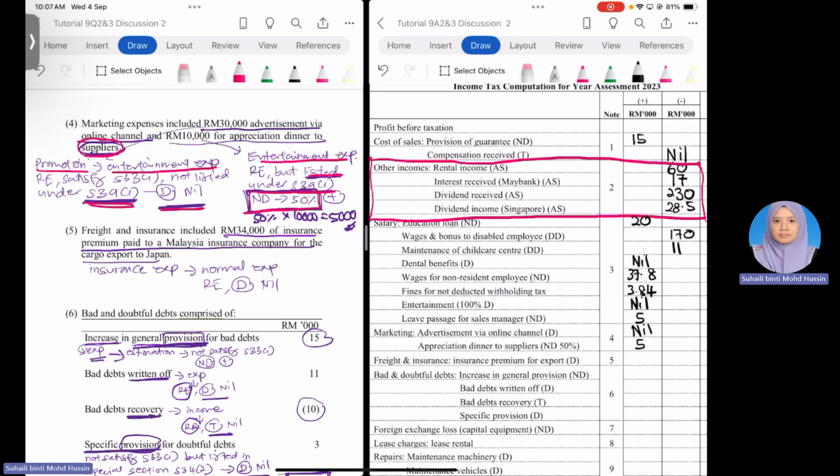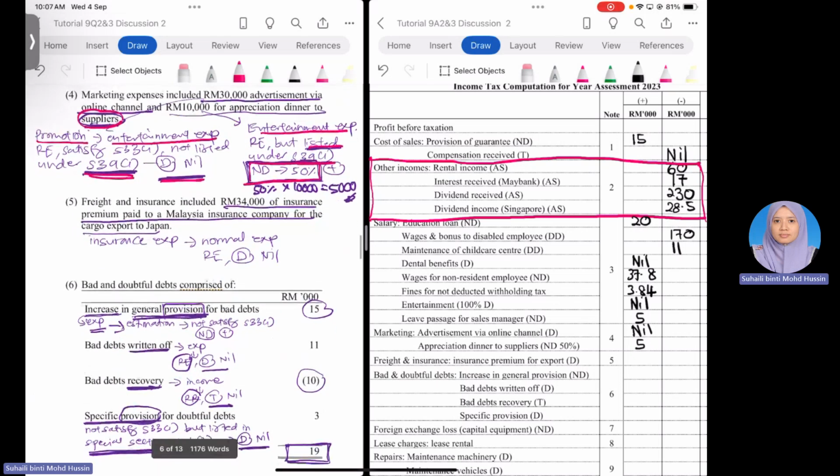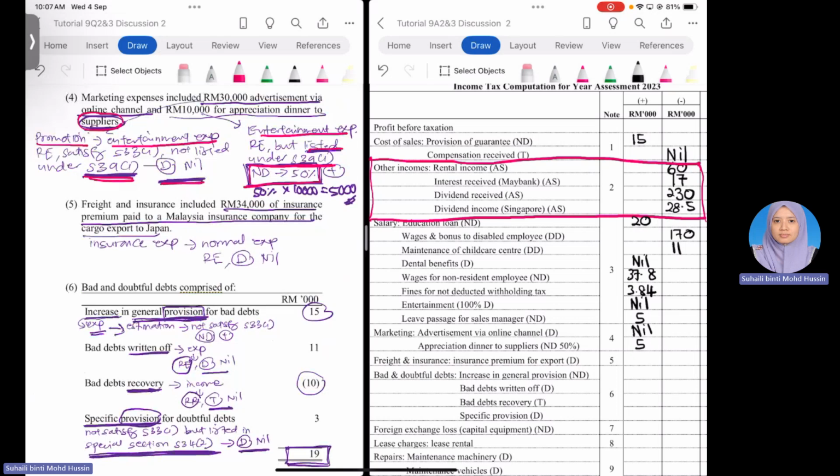Okay, number 5, we have freight and insurance, amount 34,000 ringgit of insurance premium paid to the Malaysian insurance company for the cargo export to Japan. So this is normal. When you export or import your cargo, raw material or product from another country, of course you will pay the insurance to protect your stock. This is normal expenditure for the company, and most companies do it.